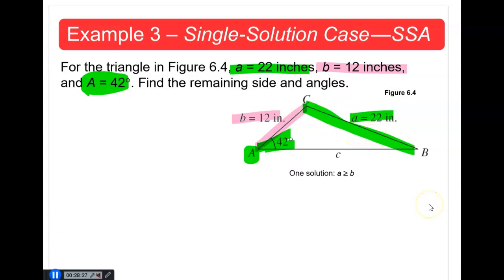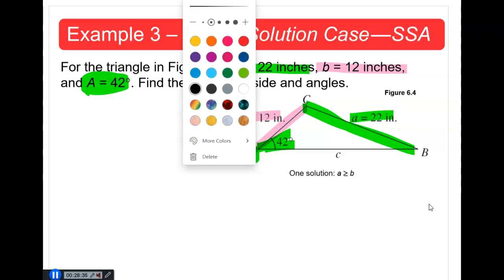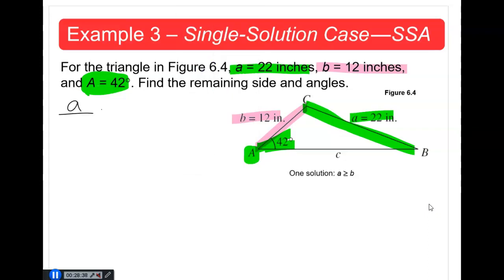Okay, so let's go back to this. So we're gonna use the 2 things that we do know, which is side A and sine of angle A, and the other thing that we were given was B. So let's go ahead and find angle B first by using this equation.